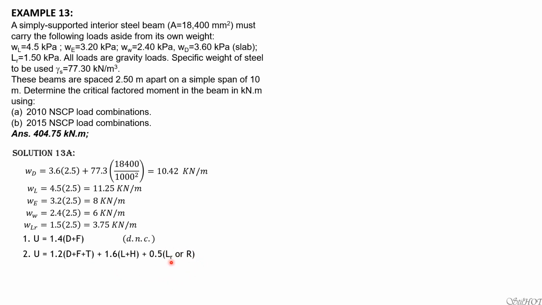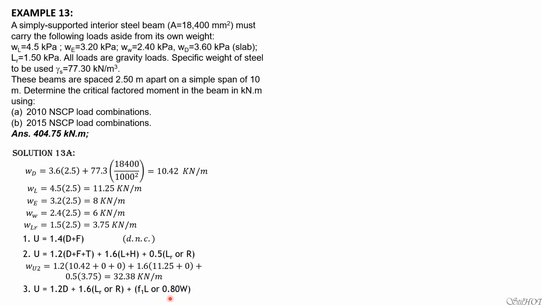But in this case rain load is 0, so LR has the only value. So 1.2 of dead load, which is 10.42, plus 1.6 of live load, 11.25, then plus 0.5 of 3.75, so 32.38 kilonewton per meter.